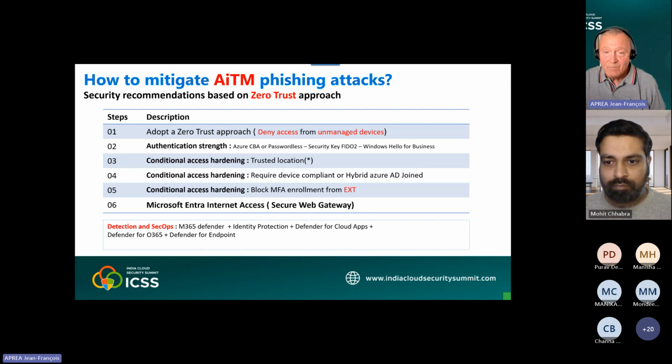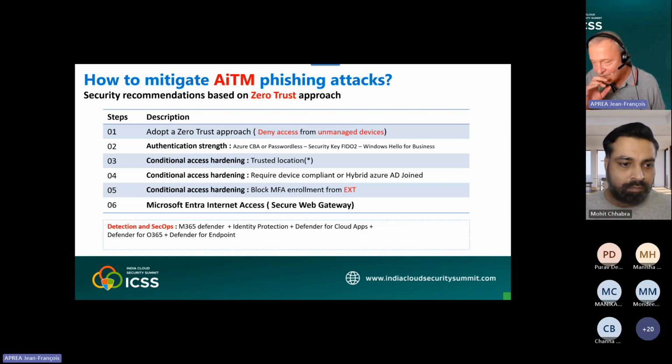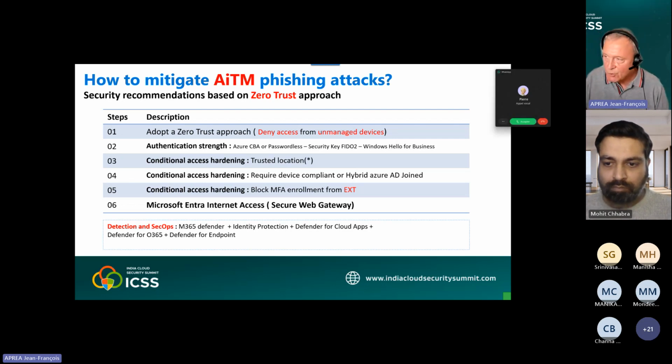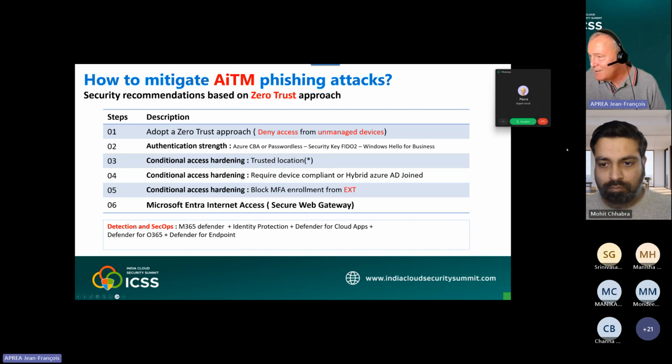So maybe a good step by step to mitigate the attack in the middle phishing today. First, adopt a zero trust approach, deny access from all unmanaged computers, devices. Use strong authentication, passwordless, or Azure CBA.